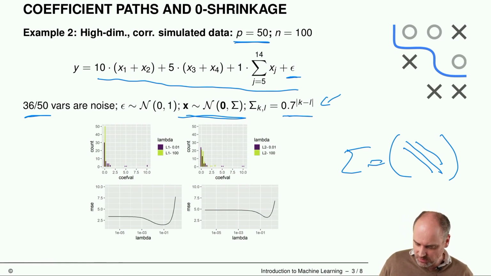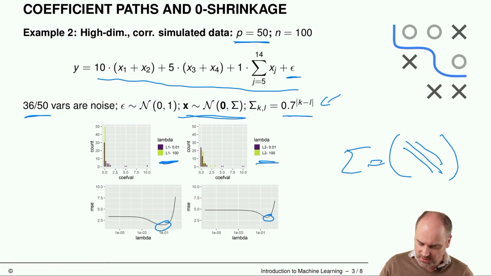And now you can see that we do overfit at least a bit. There are these optimal regions here for lambda. More interesting for us is what happens with the coefficient values, so for that reason I have shown some histograms here. Here you can see the histogram of the L1 penalized coefficients, and here for the ridge.